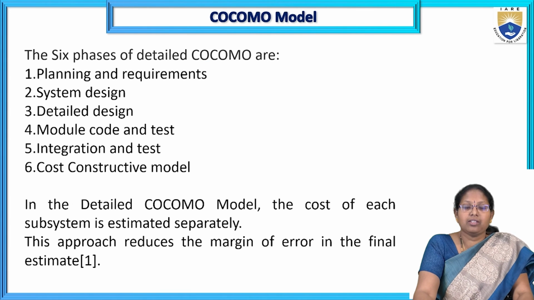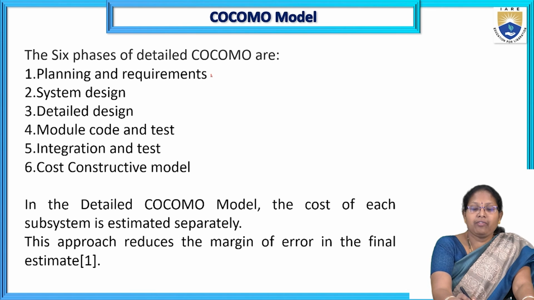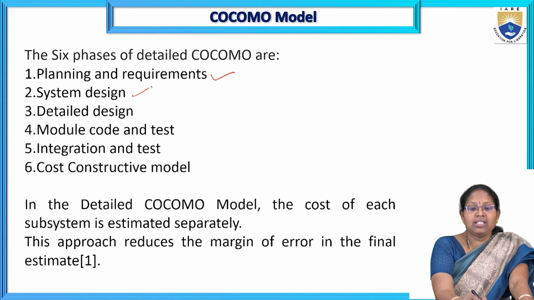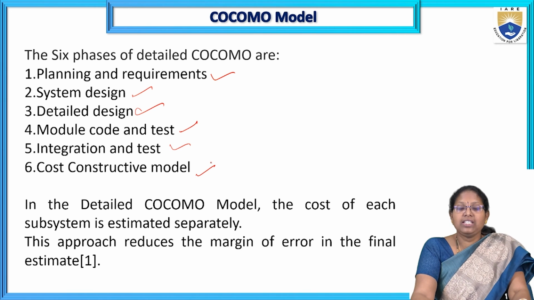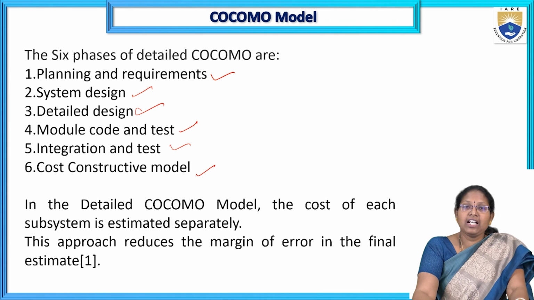There are six phases of the detailed COCOMO model: planning and requirements, then system design, then detailed design, then module code and test, that means implementation and testing, and finally integration and testing, then the cost constructive model applied. These are the different phases in the detailed COCOMO model.